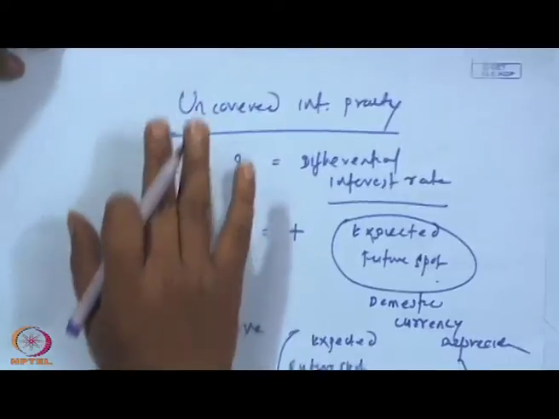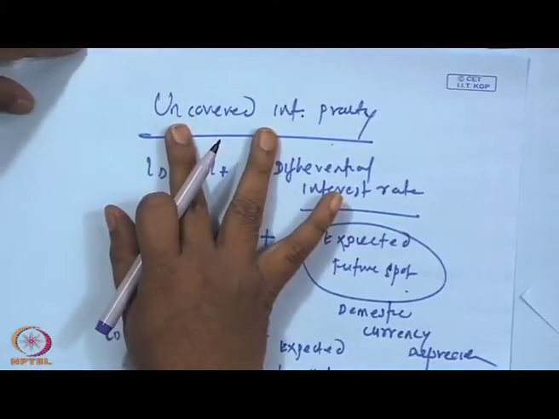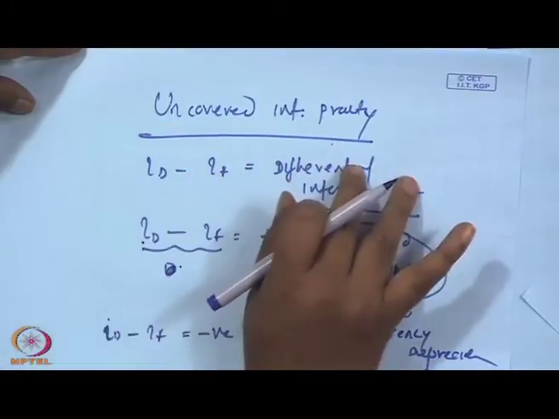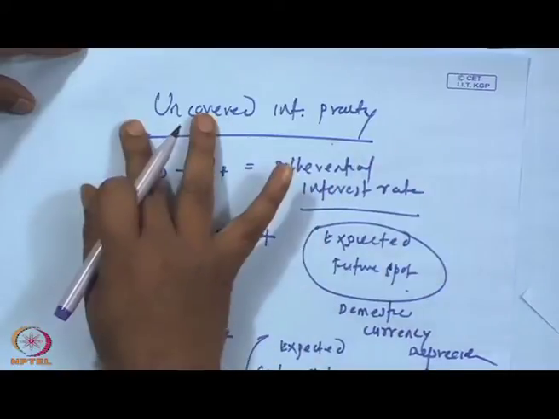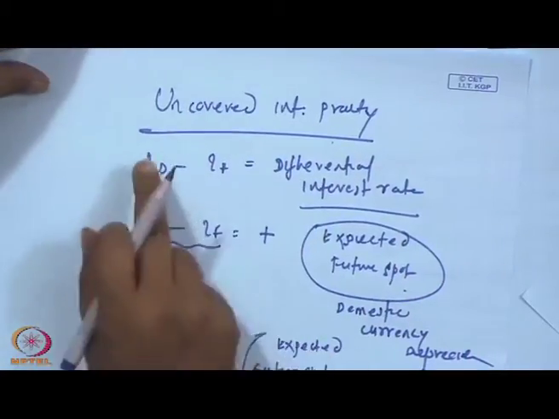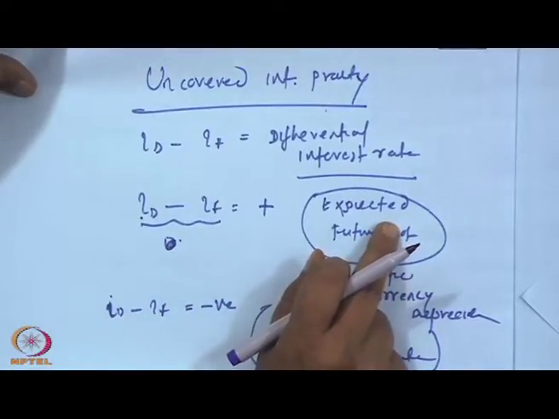And this process is uncovered interest rate parity, primarily telling us that the differential interest rate is not covered in forward premium; rather, it creates expectation in the market, and this expectation leads to adjustment in future spot rate.